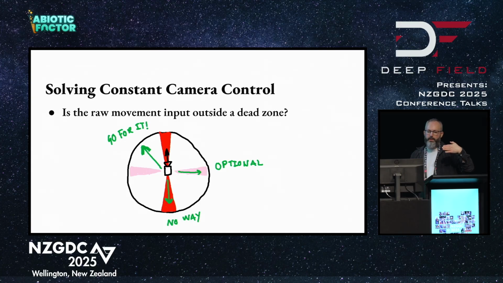Basically I put that in so that the player could move immediately left and right on the keyboard, and the camera wouldn't automatically start rotating. So that one's very keyboard specific, but it's an option.